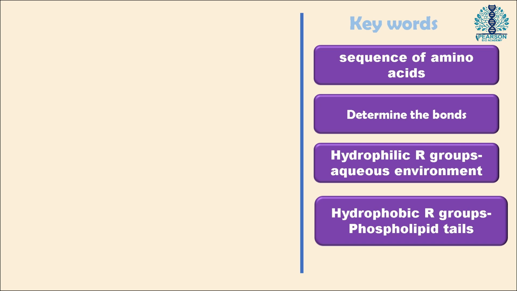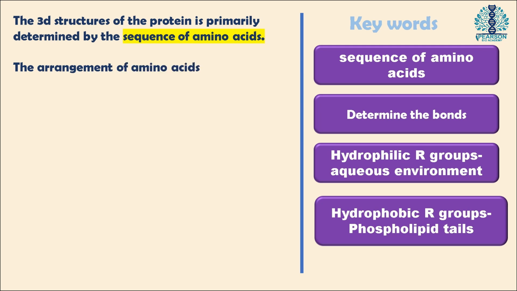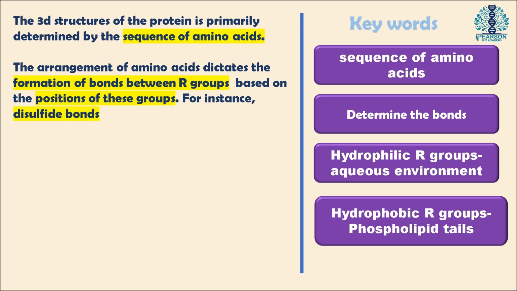To write your answer, start by stating that the 3D structure of the protein is primarily determined by the sequence of amino acids. The arrangement of amino acids dictates the formation of bonds between R groups based on the position of these groups, for instance, disulfide bonds.